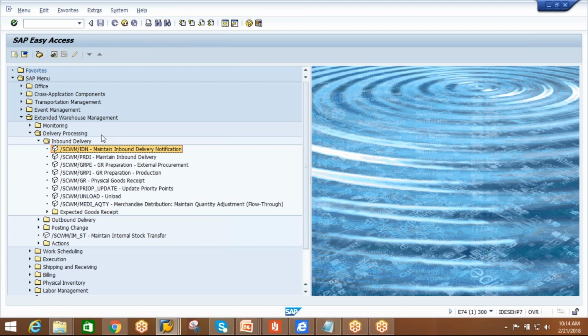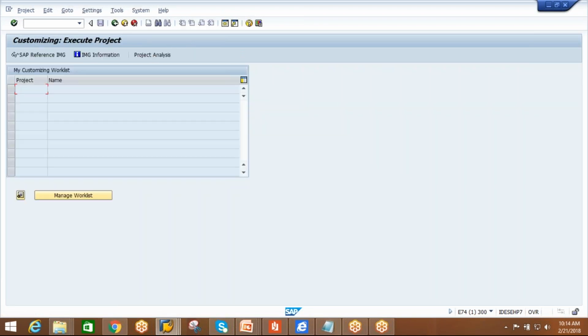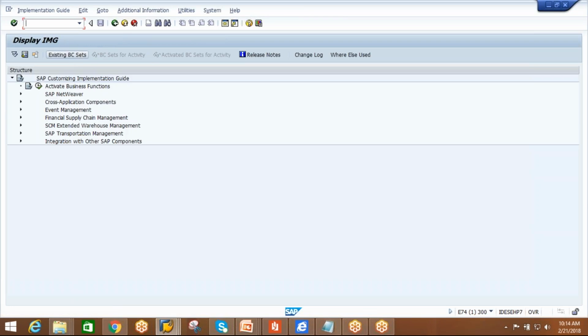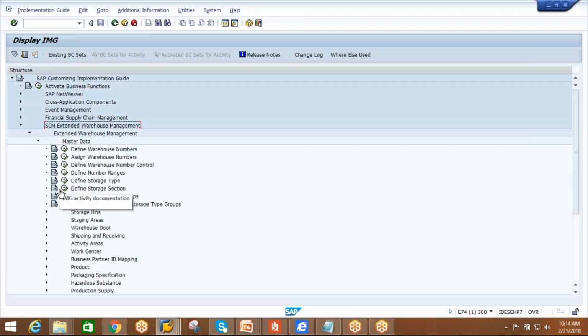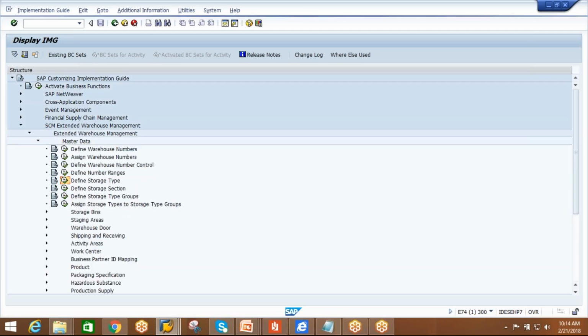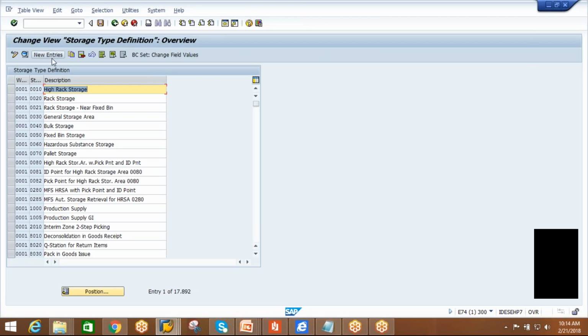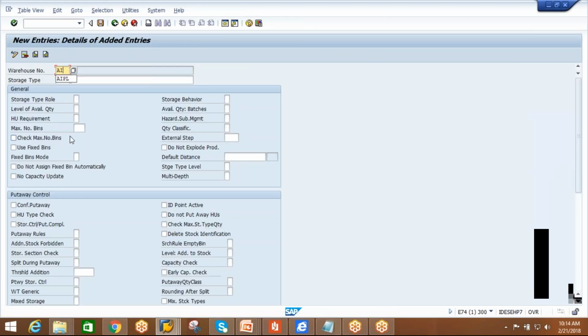Now I am going to create a new storage type to keep all GST products. New storage types. Go to SCM Extended Warehouse Management, master data, define storage type. New, this one, in my warehouse. GST is my storage type, AAPL GST products.